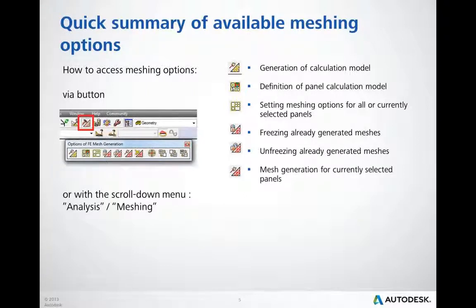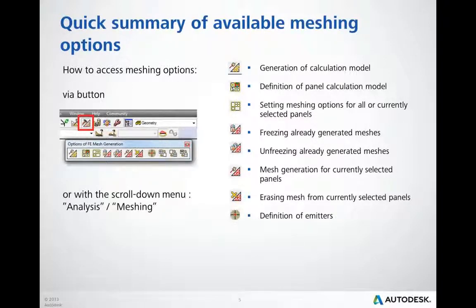Local meshing is an option that you often use when you decide to mesh your model in parts, or you just want to change the mesh for one selected panel rather than running mesh generation for the entire model again. If you want to erase the mesh, you use this button. This works on the selection.